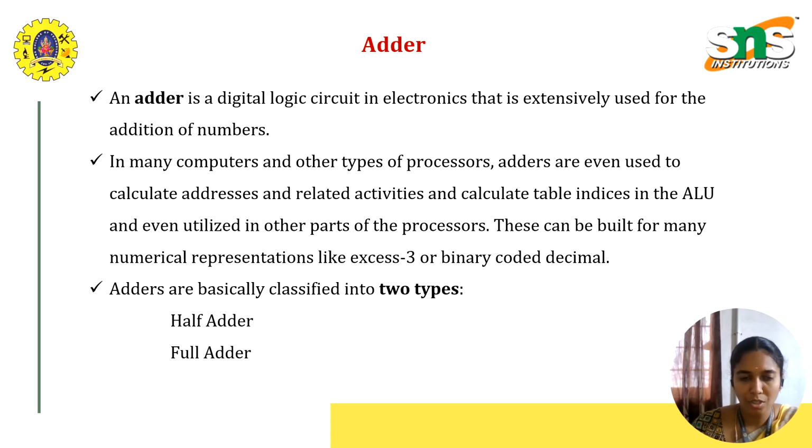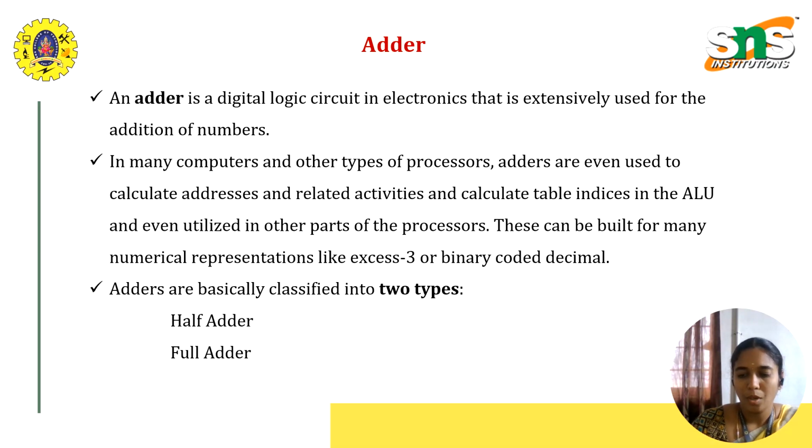After the truth table, we write down the switching expression for the output. This switching expression can be simplified using the K-map method. Finally, we implement the simplified expression using logic gates.